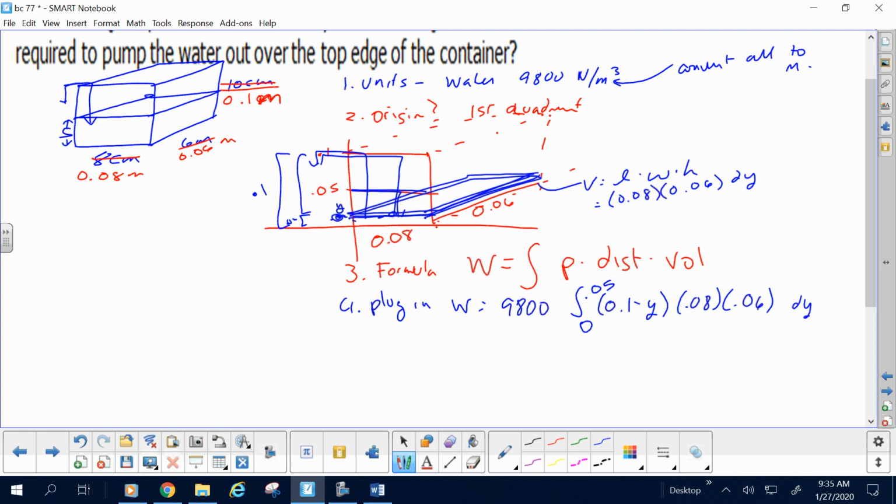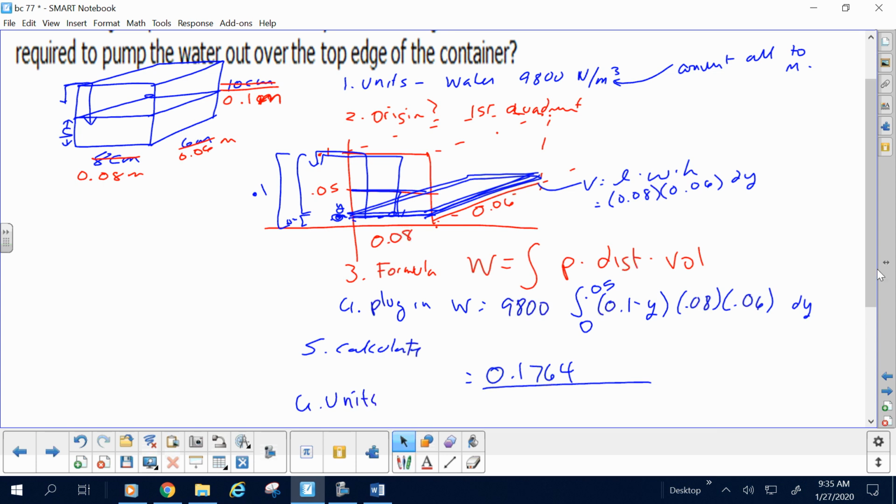Okay, so what'd you get for the answer? I've calculated 0.1764. Okay, units. So let's talk about the units. The units on the weight density are newtons per cubic meter.